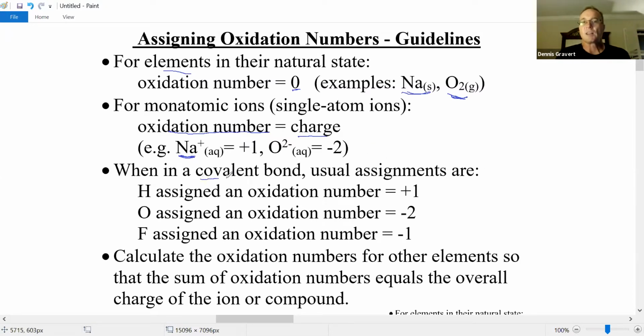Okay, rule number 3. We're going to have a lot of covalent bonding. If we didn't, we would just go and see the charges like we did before. So this is going to be very common when we are assigning oxidation numbers. For atoms in covalent bonds, we're going to pretend they are ionic. It's true, they are covalent, but let's pretend they're ionic. And if they're ionic, here are the typical charges. Hydrogen, we're going to assign the oxidation number of +1. Where's our periodic table again?